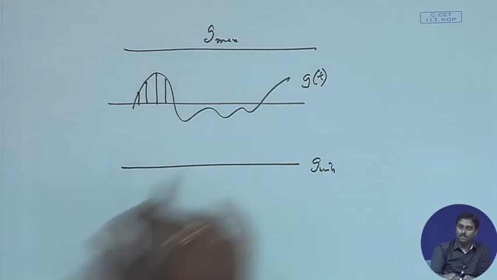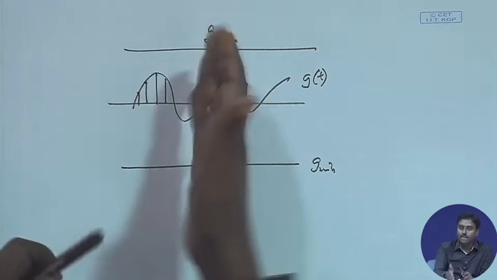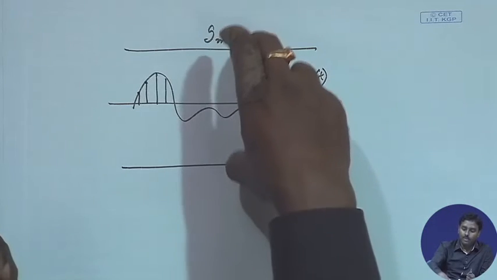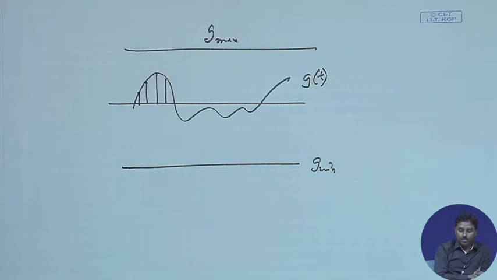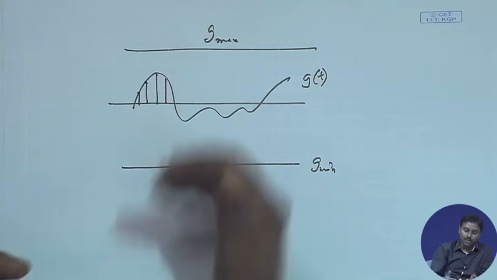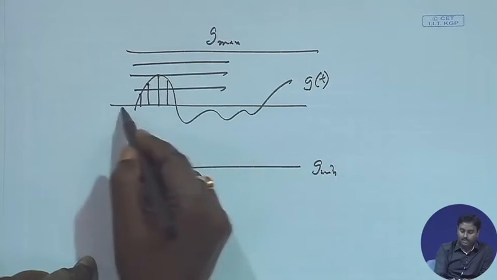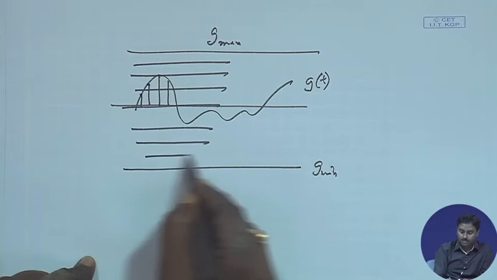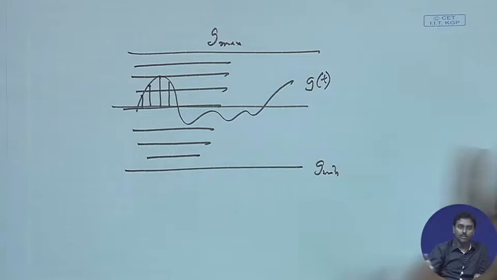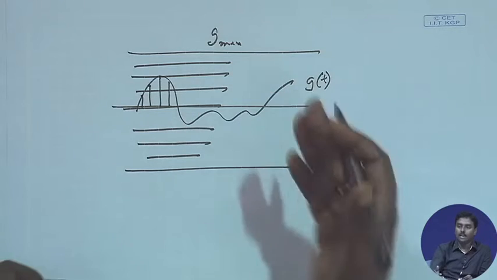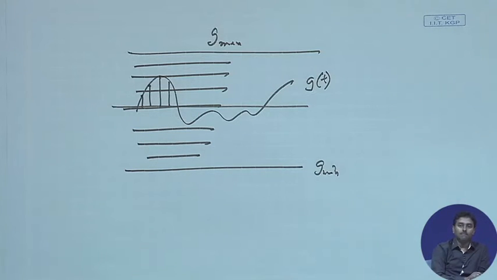If we know this range, then we know that whatever samples we take will be within this range. Once I know this range, I will divide this entire range into smaller ranges, as many as I wish. How many I define depends on what kind of system I want to design.